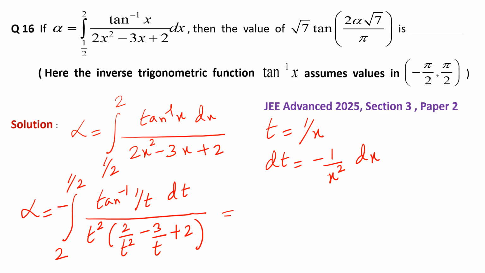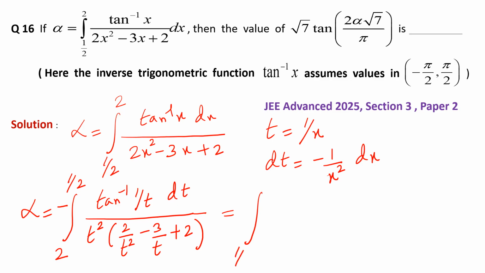Now students, it further becomes equal to, just use the basic property of definite integral, and that is integral a to b f(x) dx is equal to minus integral b to a f(x) dx. Right? So now the minus sign will go away and the limits of the integral will get interchanged.